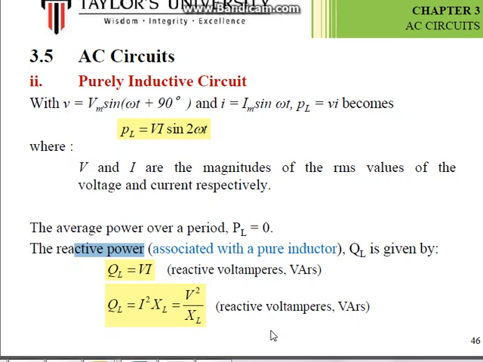Remember that the unit for reactive power in an inductive circuit is reactive volt-ampere, or VARs. Whereas for a resistor, we call it real power, true power, and it's in watts. For an inductor, it's VAR.